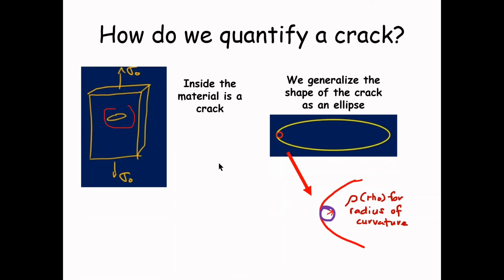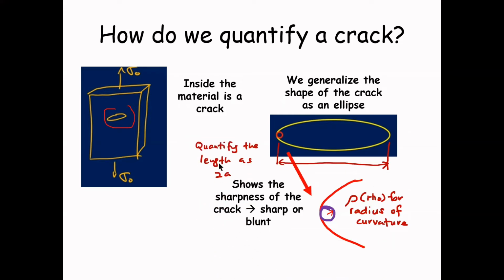If the radius is small, then we call it a sharp crack, but if the radius is large, then we call it a blunt crack. And we can also quantify the length of the crack as 2a. So from all these values, we can quantify the stress concentration factor.